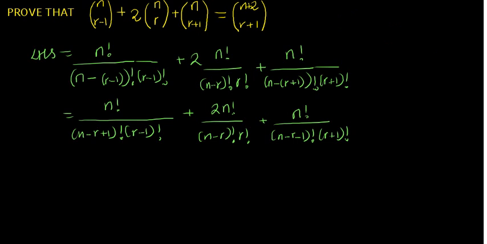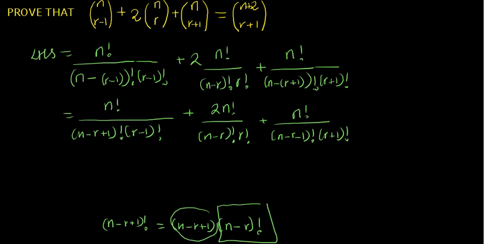And so this is telling us that when we have been given n minus r plus 1 factorial, this is the same as first we have got n minus r plus 1 itself, and then remove a 1 from here. That will give us n minus r. If I want to end here, I'll just put a factorial. That means if I've got n minus r factorial, if I multiply it by n minus r plus 1, it will give me n minus r plus 1 factorial.